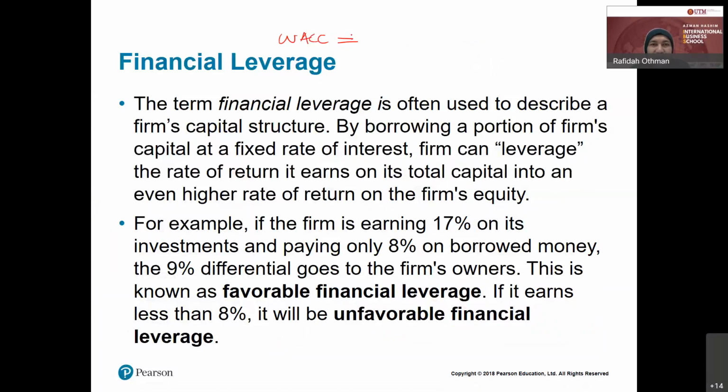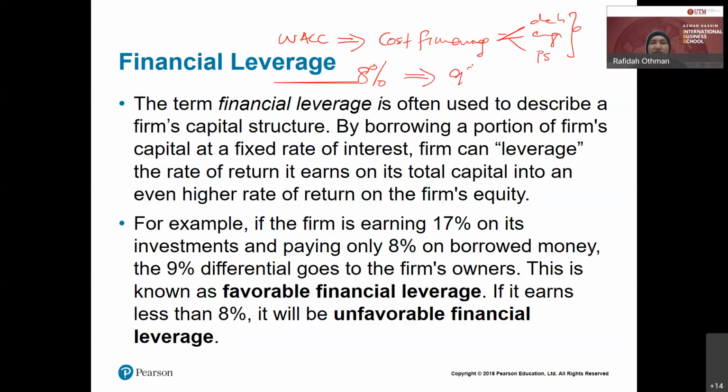We know that WACC is our cost of financing in terms of debt, equity, and preferred stock. So this is your cost of funds. If your cost of funds is 8%, you should have a project that returns more than 8%, for instance 9%, to reach favorable financial leverage.